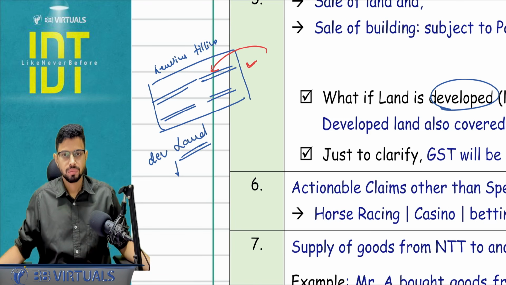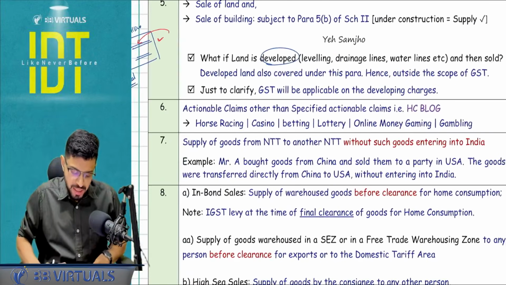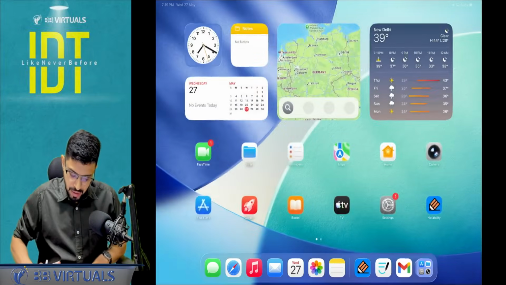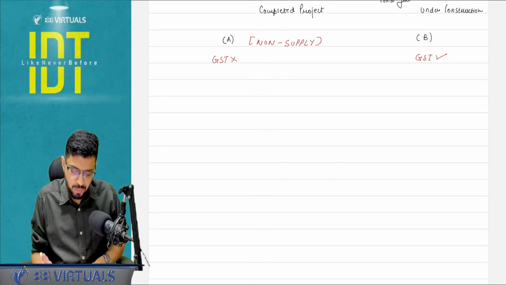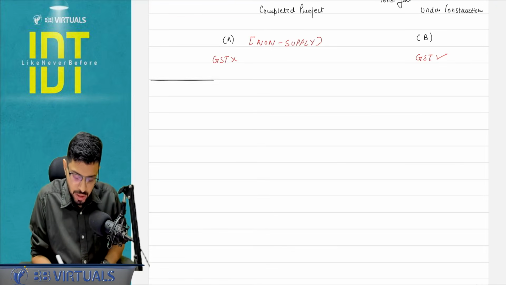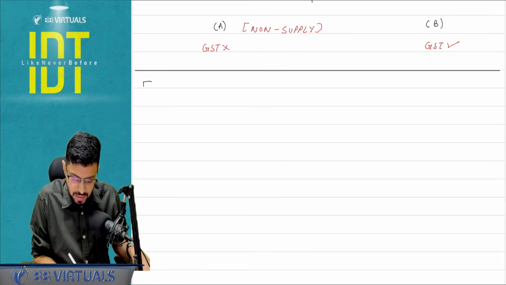Okay, done. Now, with respect to actionable claims, understand what the GST position is today. Right now, till this point, what do you know about actionable claims?